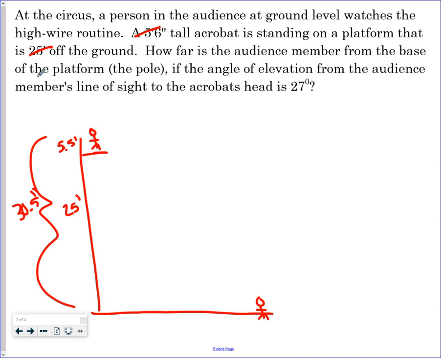How far is the audience member from the base of the platform? They're looking for this. Is that okay? Okay. And then they said, angle of elevation from the audience member's line of sight to the acrobat's head. So my angle of elevation is 27. Do you guys get why I put the numbers where I put them?